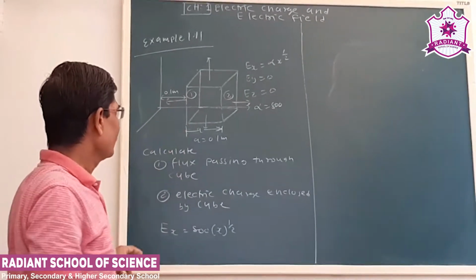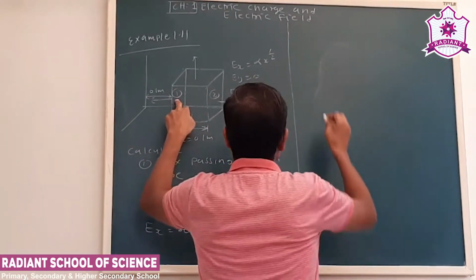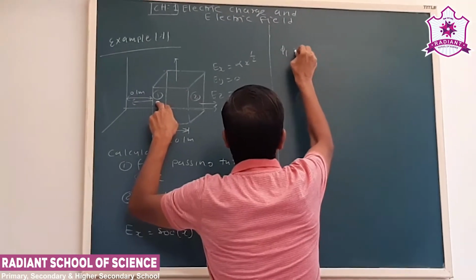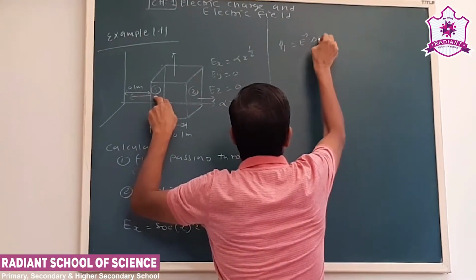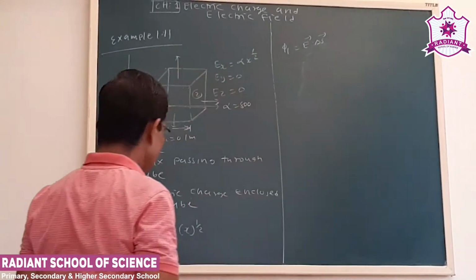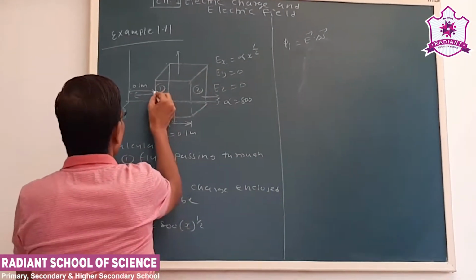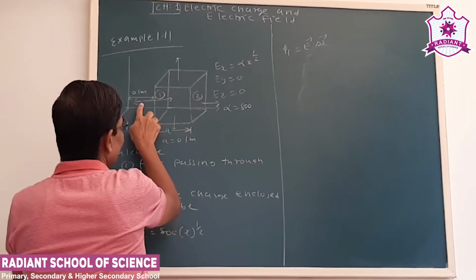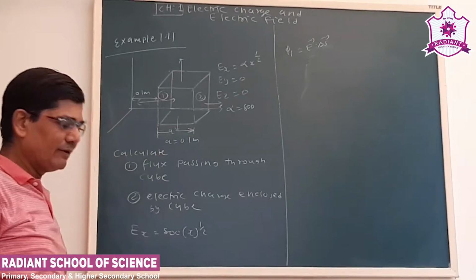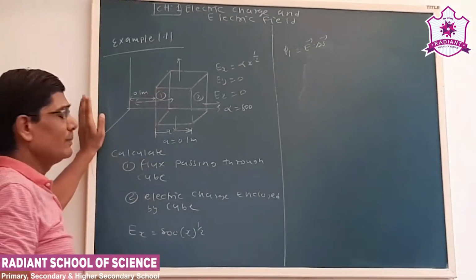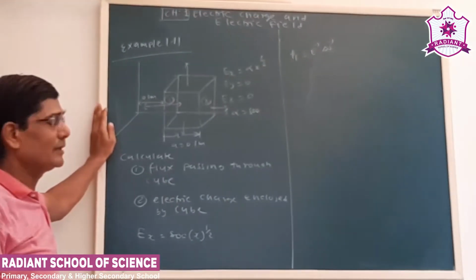Now first we find out the flux with the surface 1, that is phi 1 is E dot delta S. Okay, now see, the electric field is in the x direction. Now the area vector, we have seen always normal to the surface, will be in the opposite direction, so the angle between them is 180 degrees.